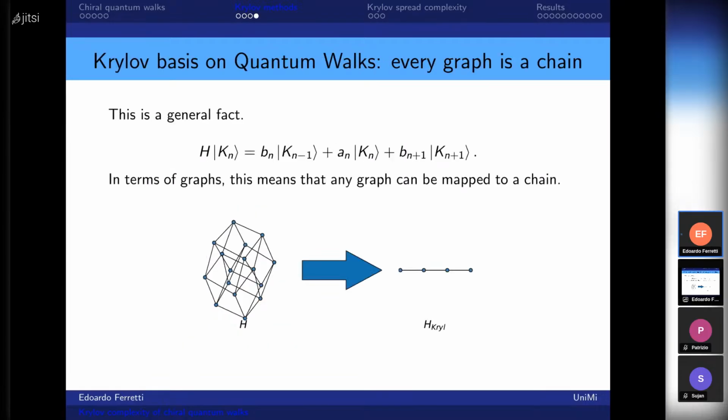So the Krylov basis also has this property. Here K_n are the Krylov vectors, which are the orthonormalized version of H^n applied to psi 0, and H is tridiagonal in this basis.